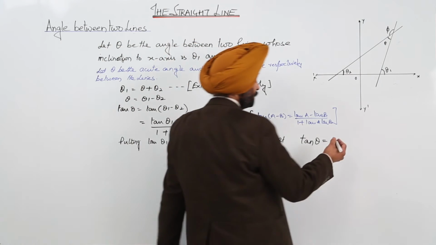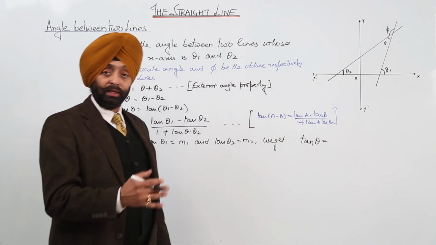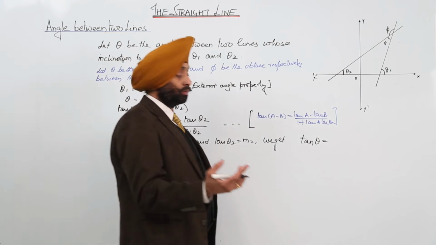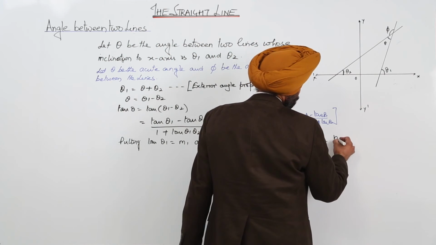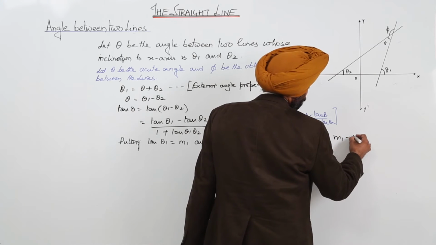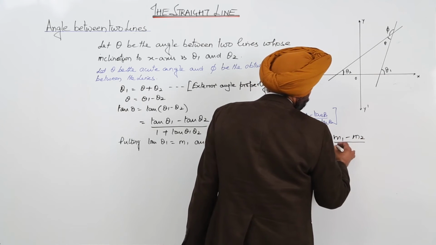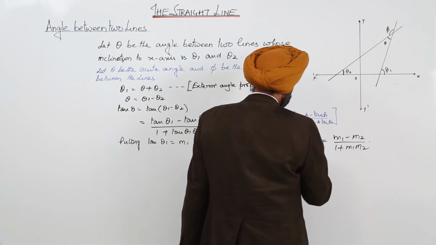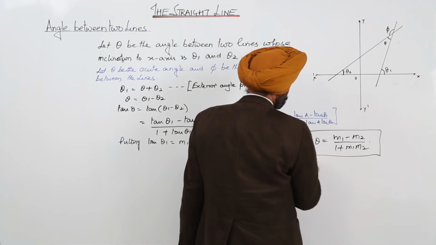Okay, because tan theta 1 is the slope of one line, m1, and tan theta 2, m2, is the slope of the second line. So tan theta is equal to m1 minus m2 upon 1 plus m1 m2. So this is the formula for the angle between the two lines.